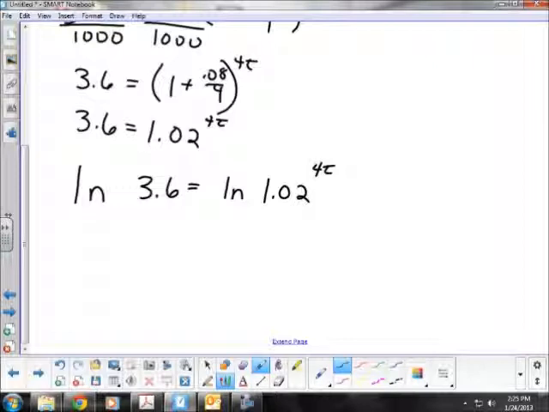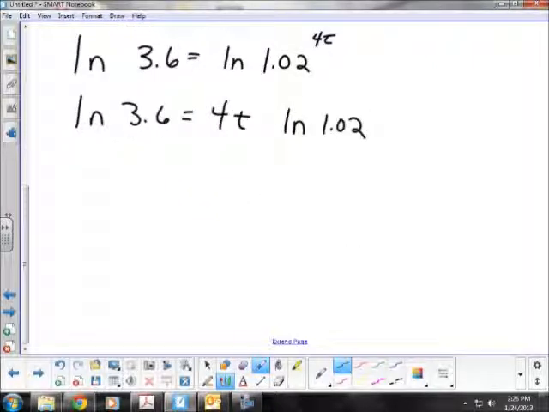What am I going to do? Bring the 4t to the front. So I've got the ln of 3.6 is equal to 4t times the ln of 1.02. Now if I'm going to solve for t, what do I do? Everything's times t, so how do I get rid of it all? Divide by that stuff. So I'm going to divide by the 4 and the ln of 1.02.